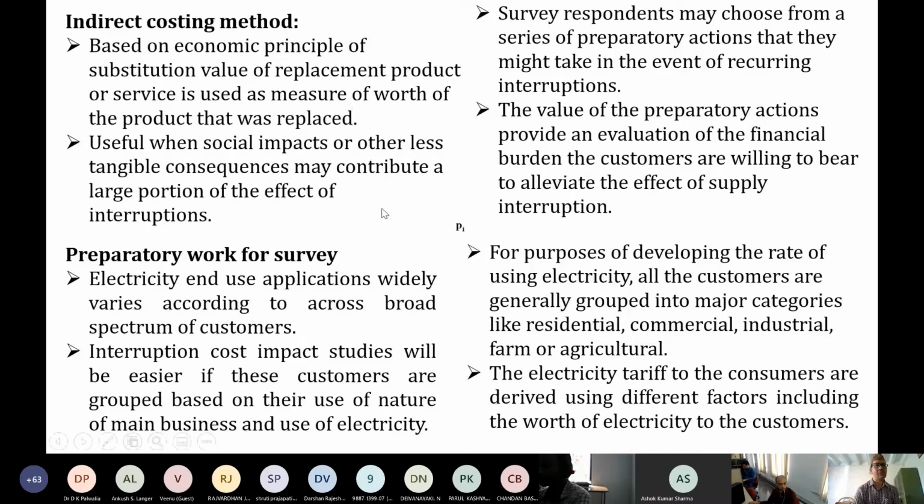So how do we do the indirect costing method then? The indirect costing method is based on the economic principle of substitution: the value of a replacement product or service is used as a measure of the worth of the product that was replaced. It means if you don't have electricity, what will you do?